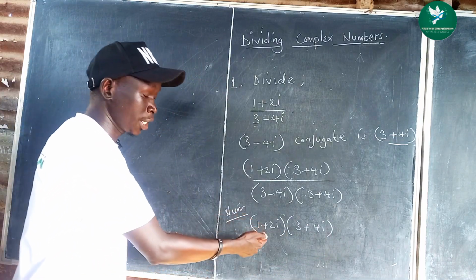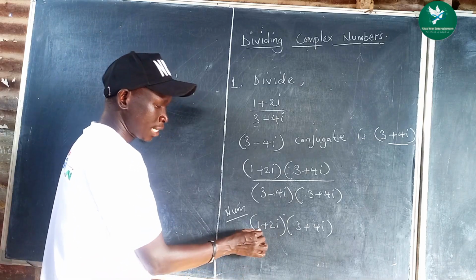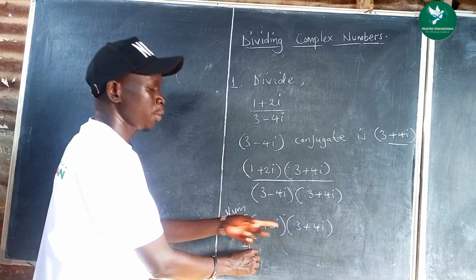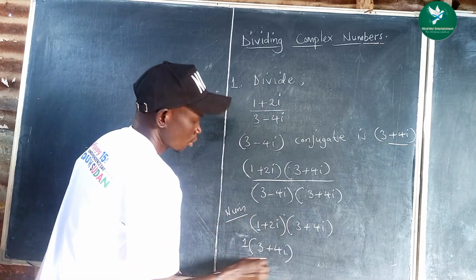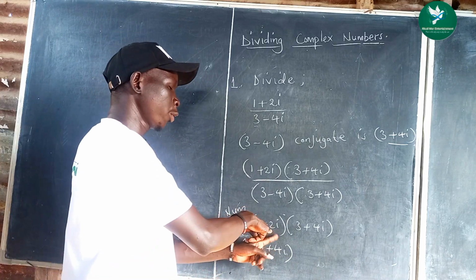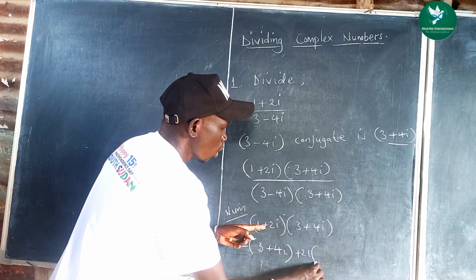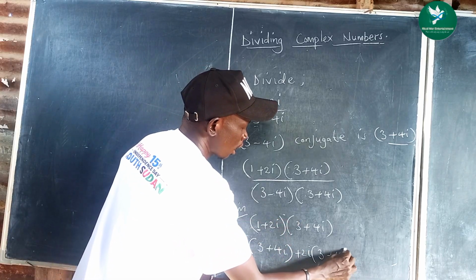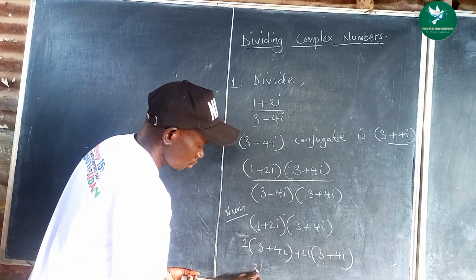Now, this is where multiplication of complex numbers comes in. We pick the first term in the first bracket, 1, and multiply it with the second bracket, which is 3 plus 4i. Then we take the second term with its sign, positive 2i, and multiply it with the second bracket, 3 plus 4i. 1 multiplied by 3, we get 3.